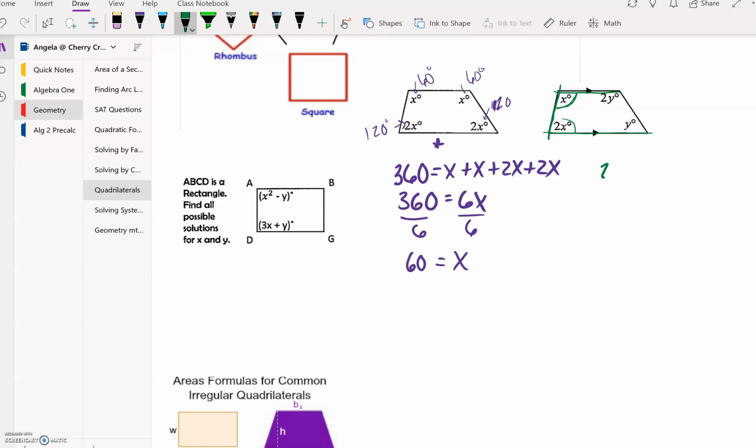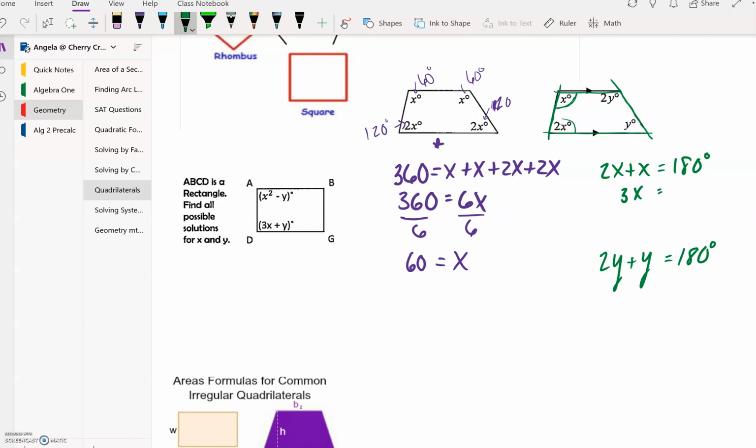So I know that 2x plus x has to equal 180 degrees. I also know that, again, parallel lines cut by a transversal, here are your two same side interior angles. So I also know that 2y plus y has to equal 180 degrees.